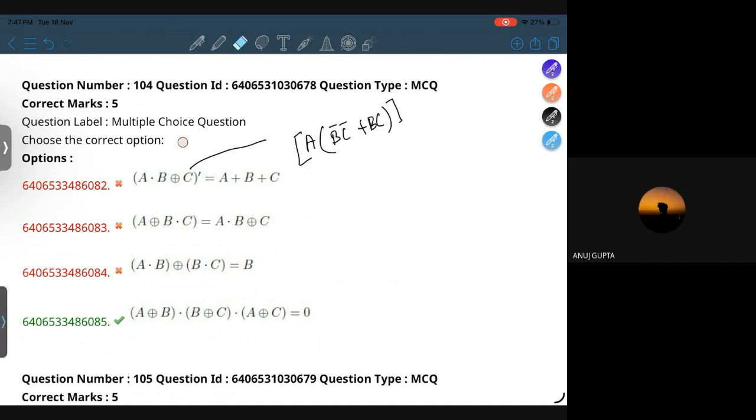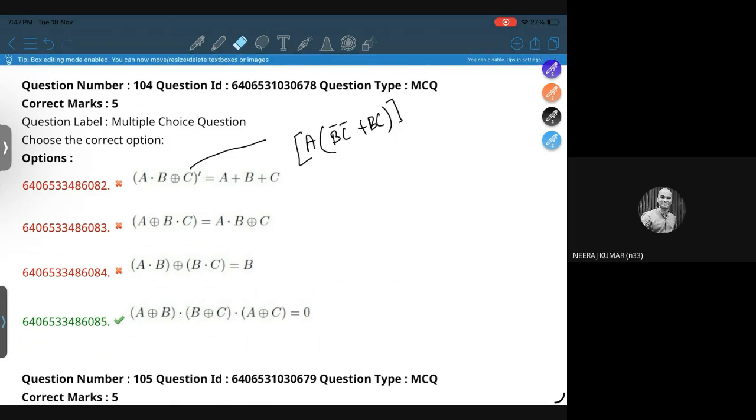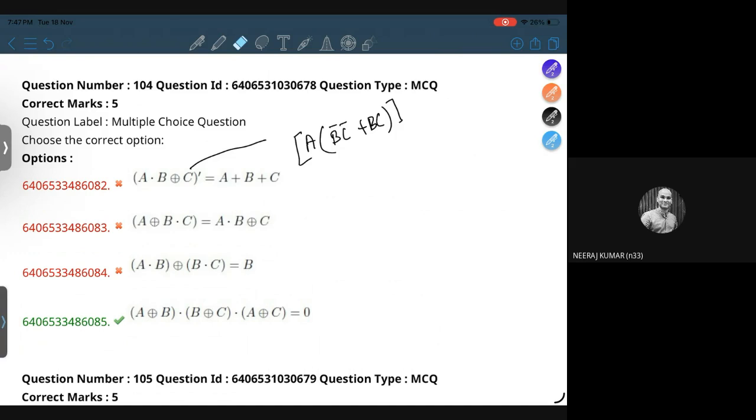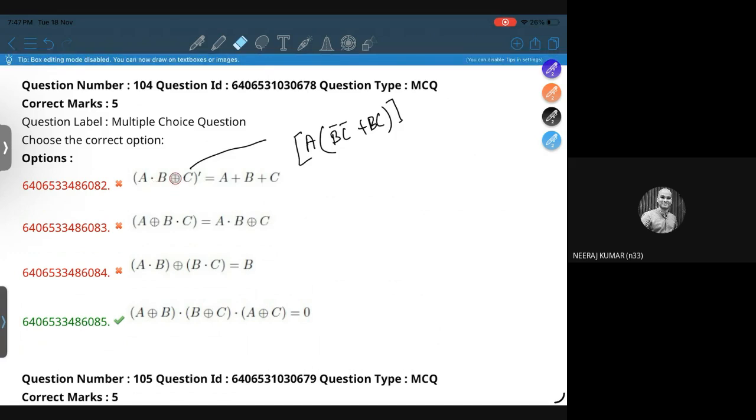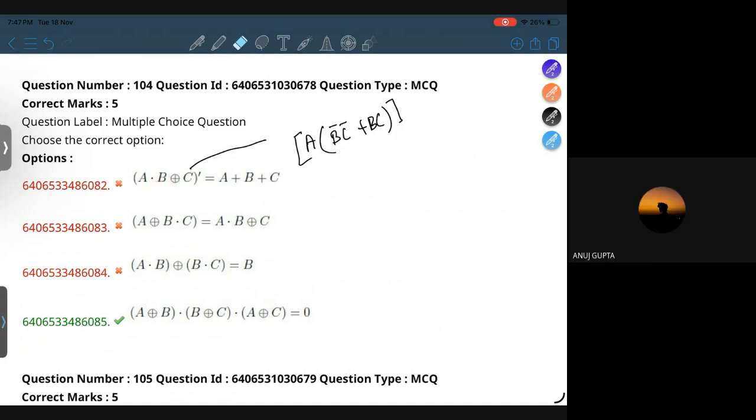Oh, that one is a dot? No, that is a cross. The first one is dot, which is multiplication, and the second one is XOR. Plus is XOR, okay, and dot is XNOR. Fine. So this is A dot (B C complement plus B complement C) to the whole complement.